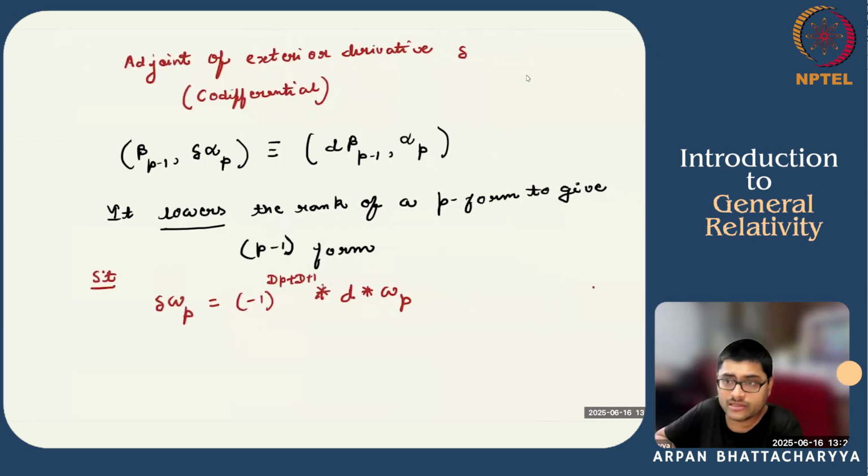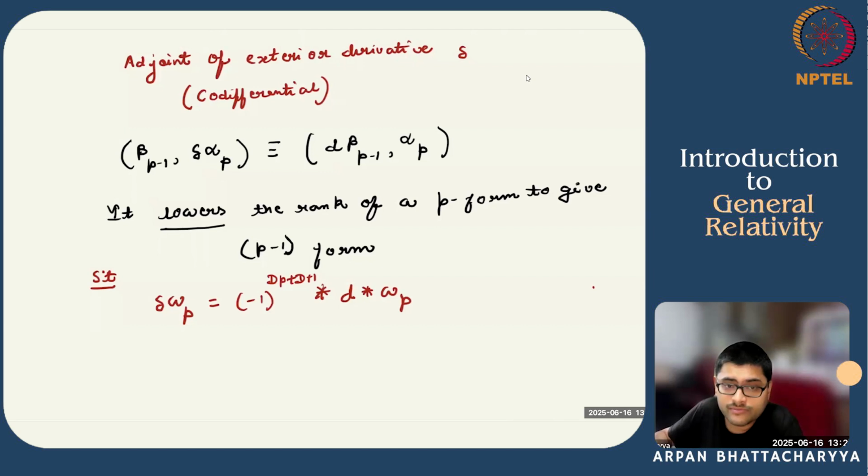Now one more ingredient we can define with the help of this star and the d operation is something called the adjoint of the exterior derivative, denoted by this small symbol delta, also known as the co-differential. So you take a p minus 1 form beta, and the co-differential of the p-form alpha is defined through the inner product of d of this p minus 1 form beta and alpha.